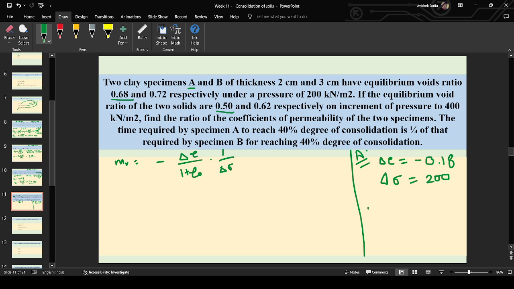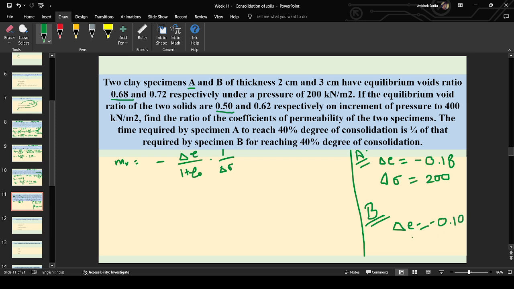Similarly, for B, it had a void ratio of 0.72. After an increment of pressure by 200, it became 0.62. So for sample B, del e will be equal to how much? Minus 0.1, final minus initial.